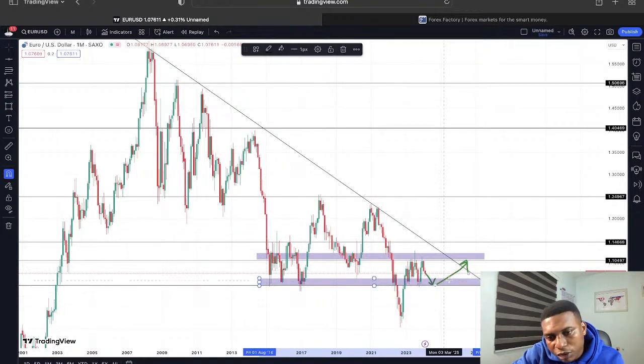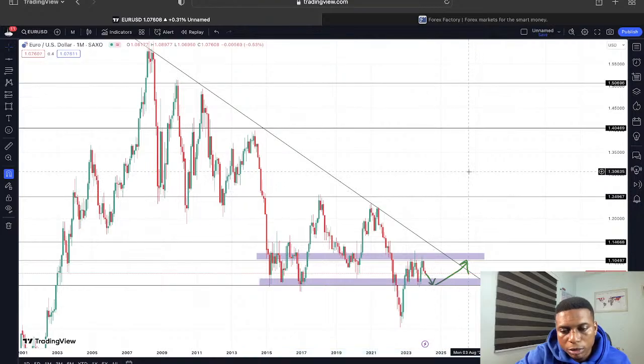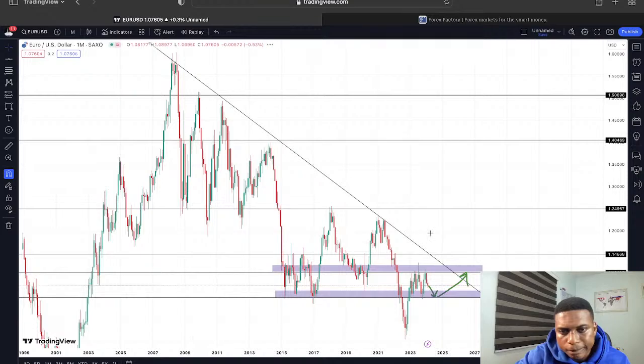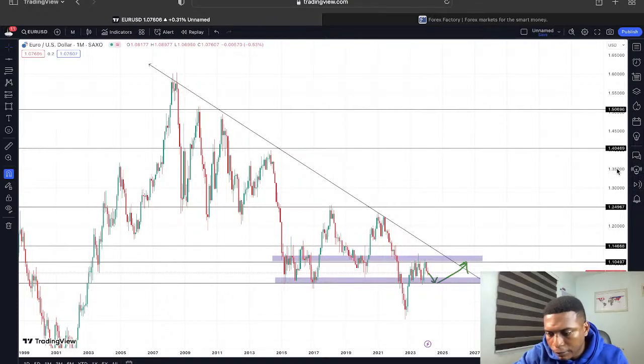Price will come to touch this region and then push up further. Can you hear me? Good. So price is coming to touch this region, then push up further.